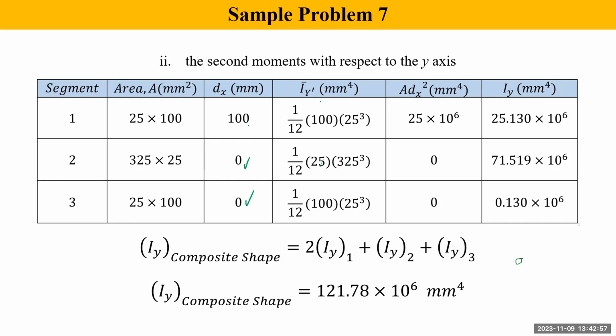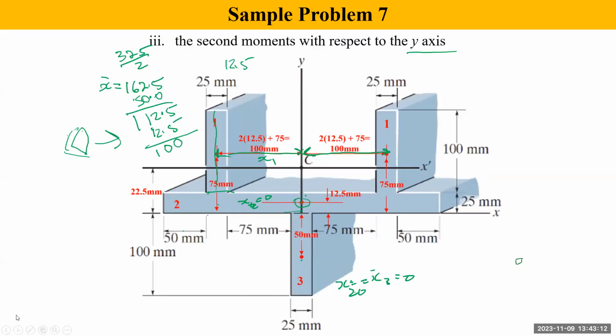All of this now, you're just going to apply the standard formula, which is 1/12 bd cubed. However, let me step back to show you that. Remember, I told you how you're going to look. Let's see if you are looking the right way.